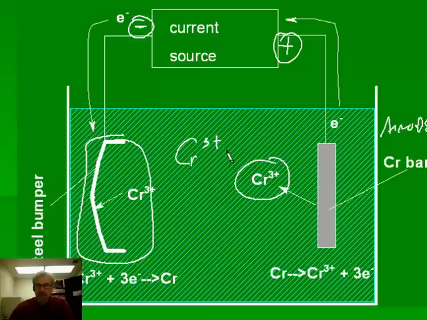At the same time, chromium 3+ ions are reduced to pure chromium at the cathode, and a layer of chromium gets put onto the bumper. So as time goes by, the chromium bar is going to get thinner and thinner, and the bumper is going to get thicker and thicker until you have the coating that you want, and then you just shut off the current.